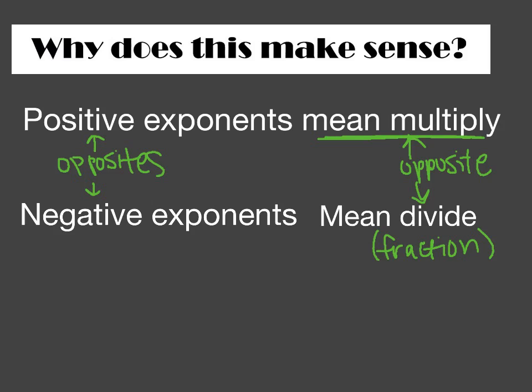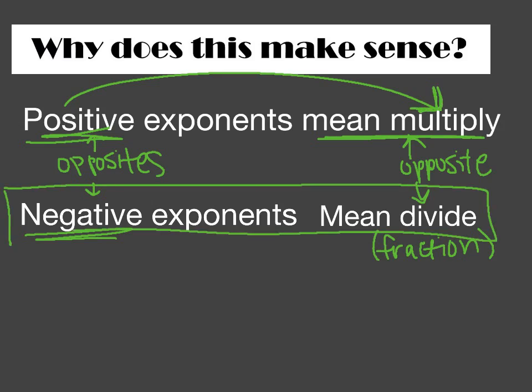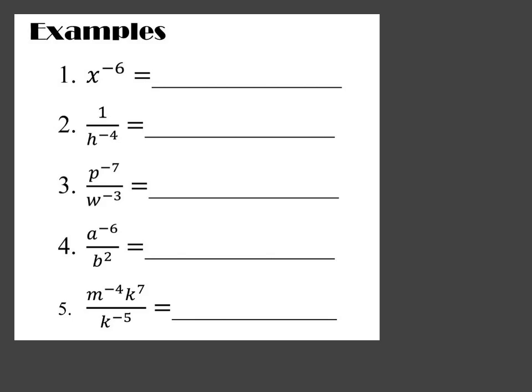So this is why negative exponents moving to the other side of the fraction bar makes sense, because if negatives are the opposites of positives, and I know that positives mean to multiply, well, the opposite of multiply would be divide, so that makes sense that negative exponents would mean to divide, or that negative exponents would mean that I need a fraction.